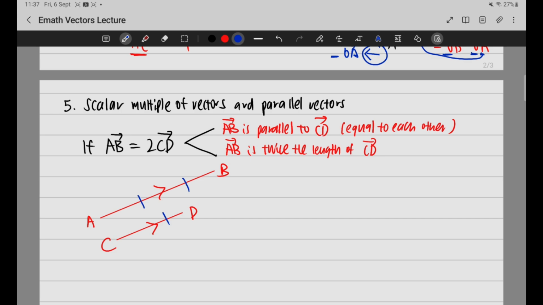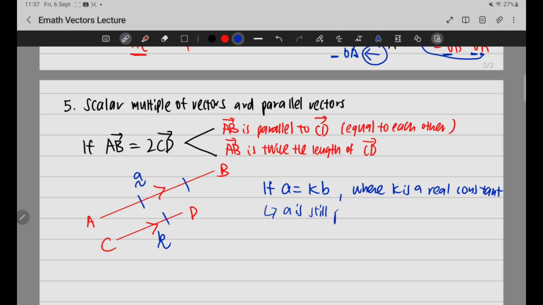So therefore, for scalar multiples, if a equals k b, where k is a real constant, that means you can say that a is still parallel to b, and you also can say that the length of a is k times that of b.